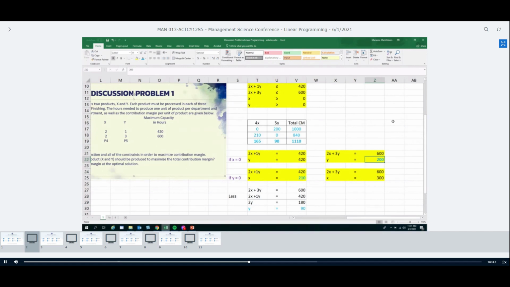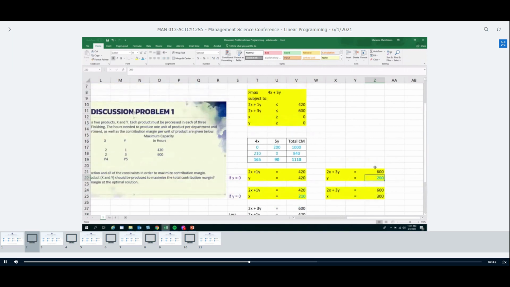So in this case, tignan natin ha, kay Y. Kung ginamit ko si 420, dito pa rin, pasok pa rin naman siya. So wala tayong problema. Pero kung ginamit ko si 300 dito kay X, pasok pa rin siya dito, pero kung 0 naman to, pasok pa rin siya, no?